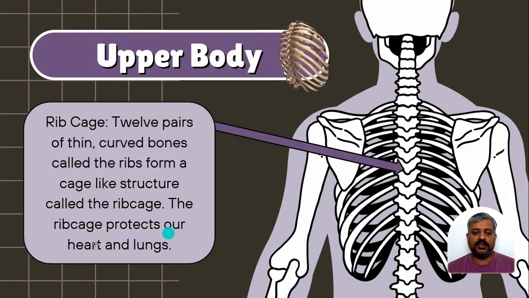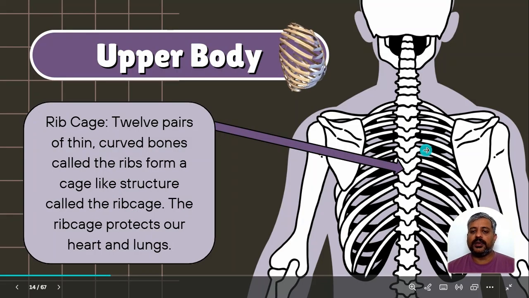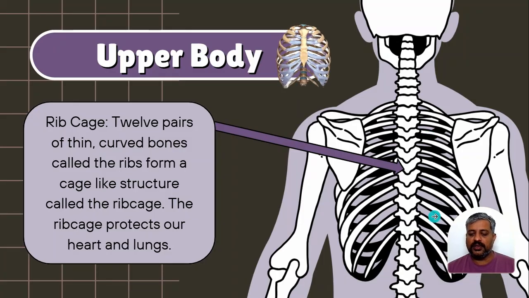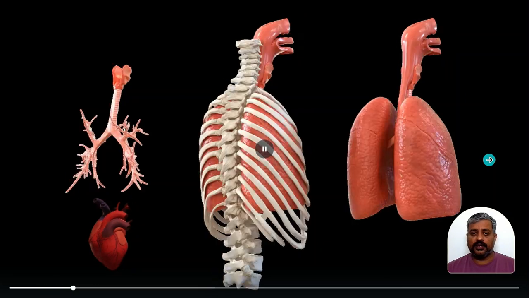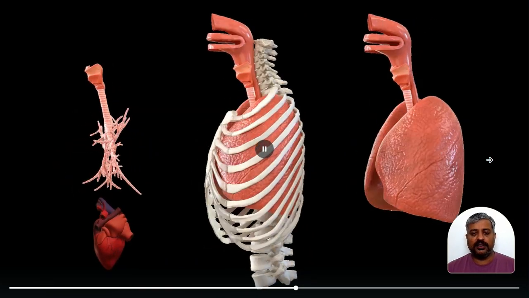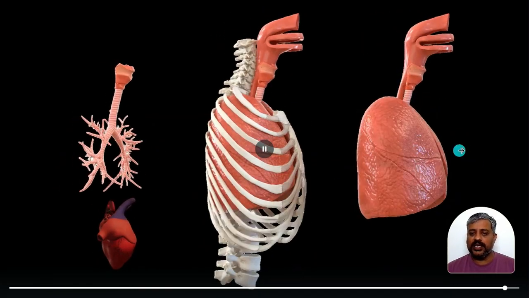The rib cage protects our heart and the lungs, the parts which are inside it. This gives us natural protection so that our delicate organs may not get hurt. These are some of the organs that I have placed inside, and these ribs protect them.